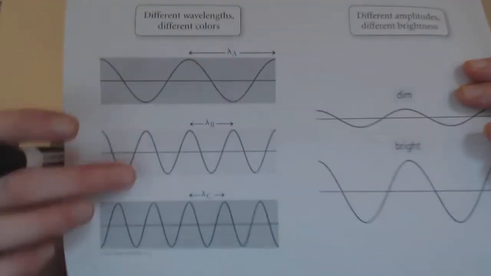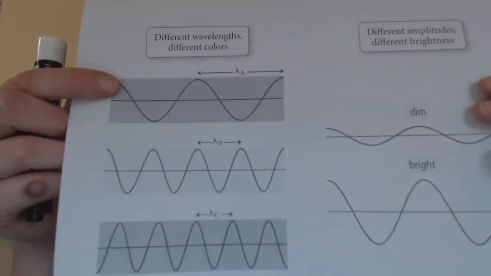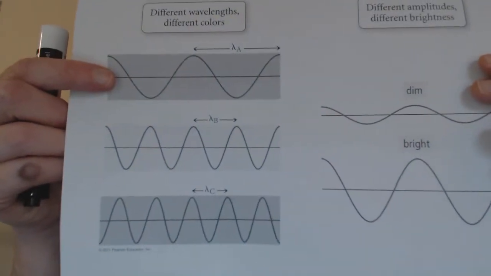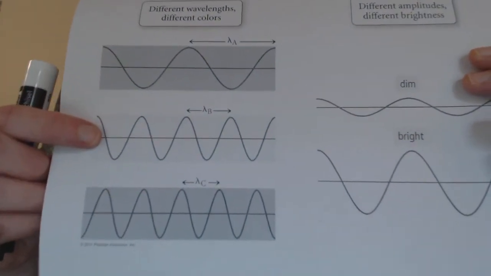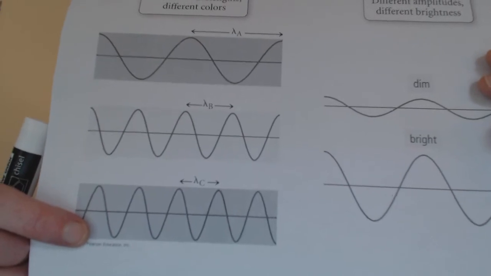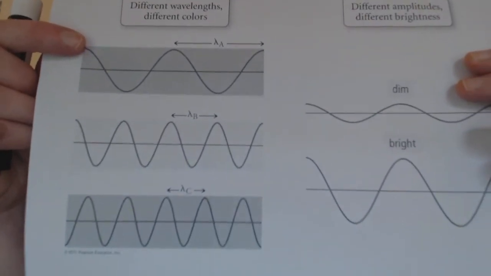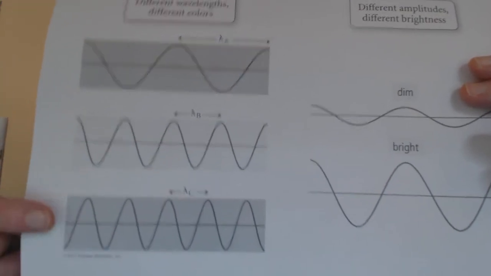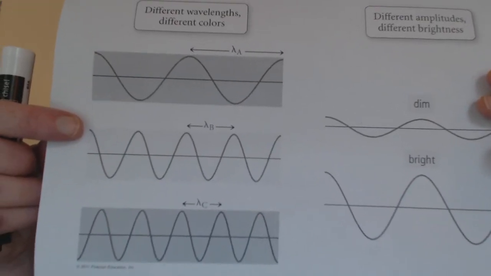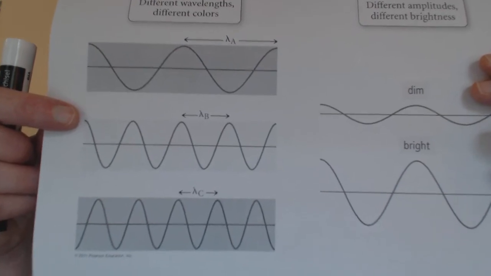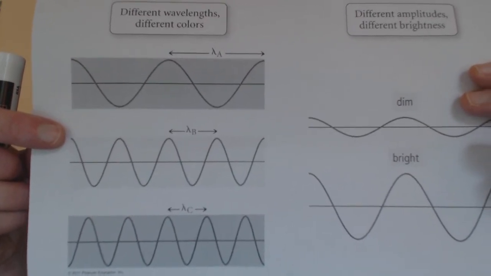And then over on this side, you can't see it from my non-color printer, but this one is red, that is supposed to be yellow, and that is supposed to be blue or maybe violet. I'm not sure. But anyhow, what you can see is that these waves all have the same amplitude. What's different about them is wavelength.